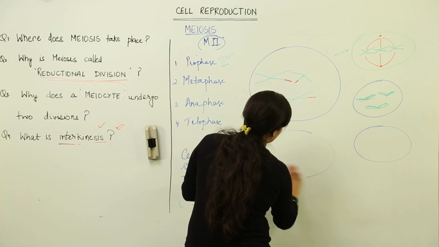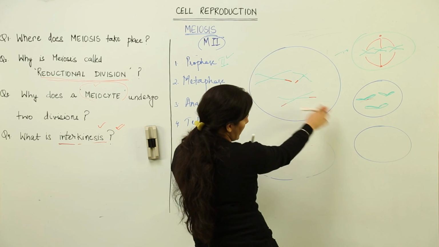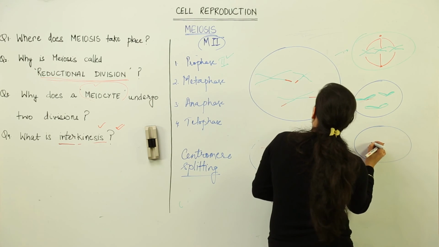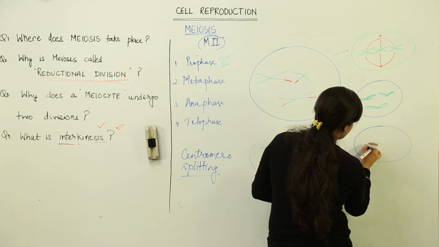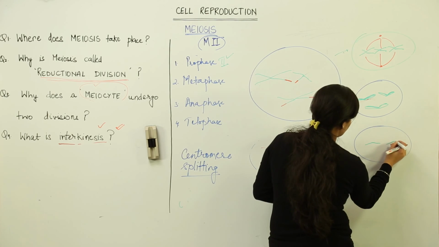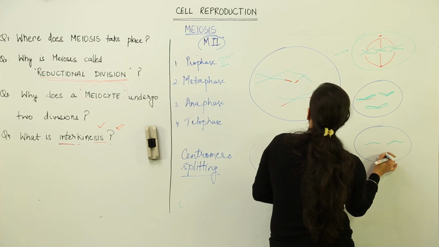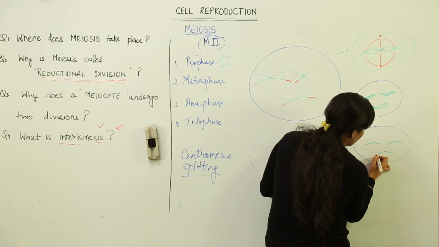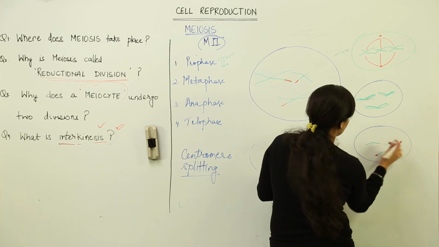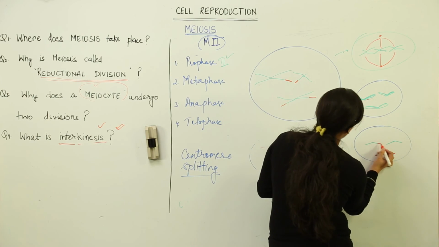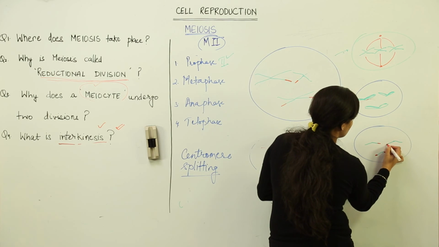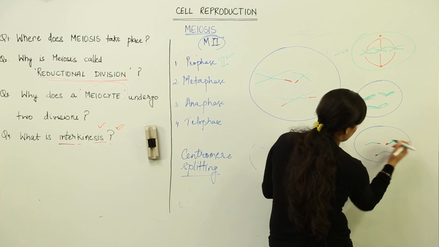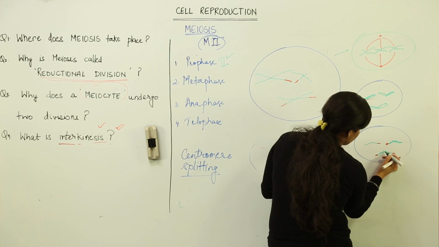This cell has further undergone the next steps of division, where the sister chromatids have also separated as a result of centromere splitting, and over here we see the crossing over, that is, recombination, is also quite visible. So we have the sister chromatids like this.